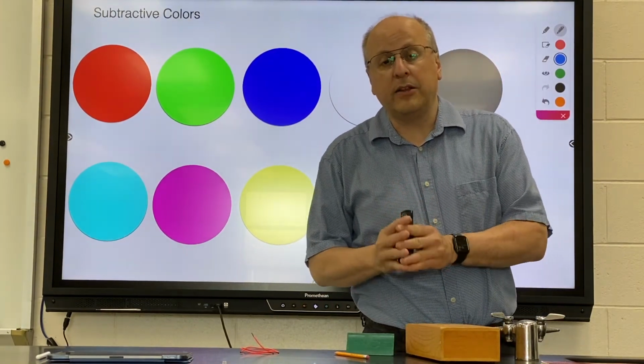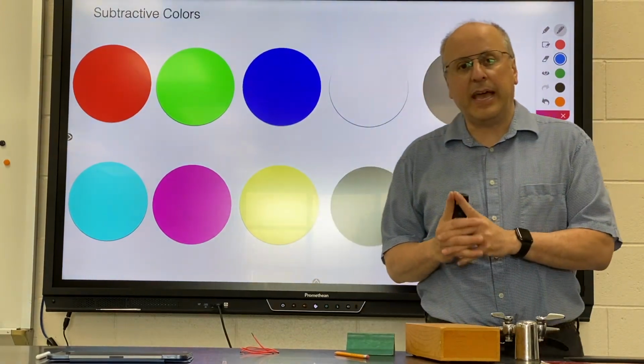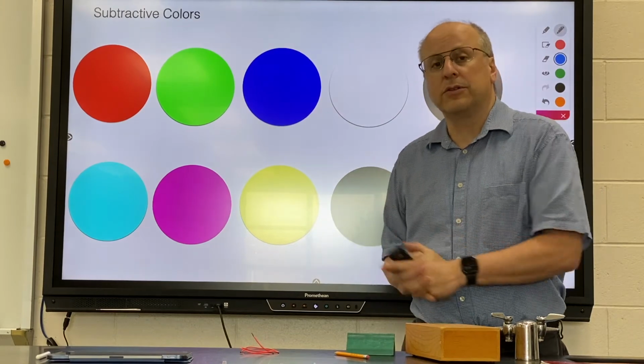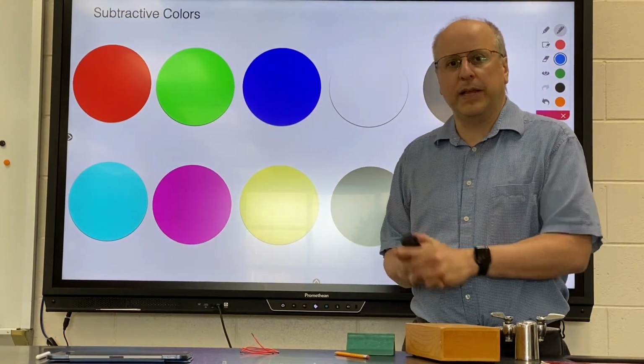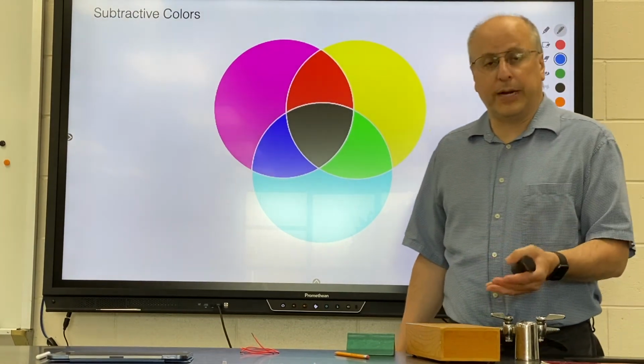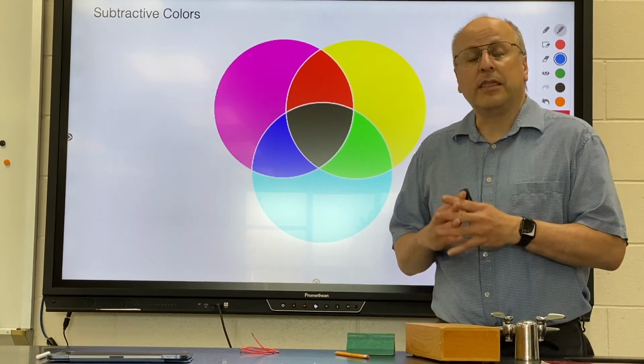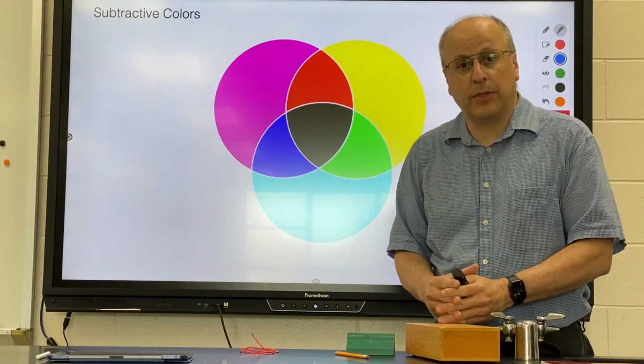When you're trying to determine when you mix colors together, what are you going to get? You have to ask, am I mixing colors or are my objects removing colors? So for instance, when you buy ink for your printer, or paints, or crayons, or dyes, they do not produce their own light.